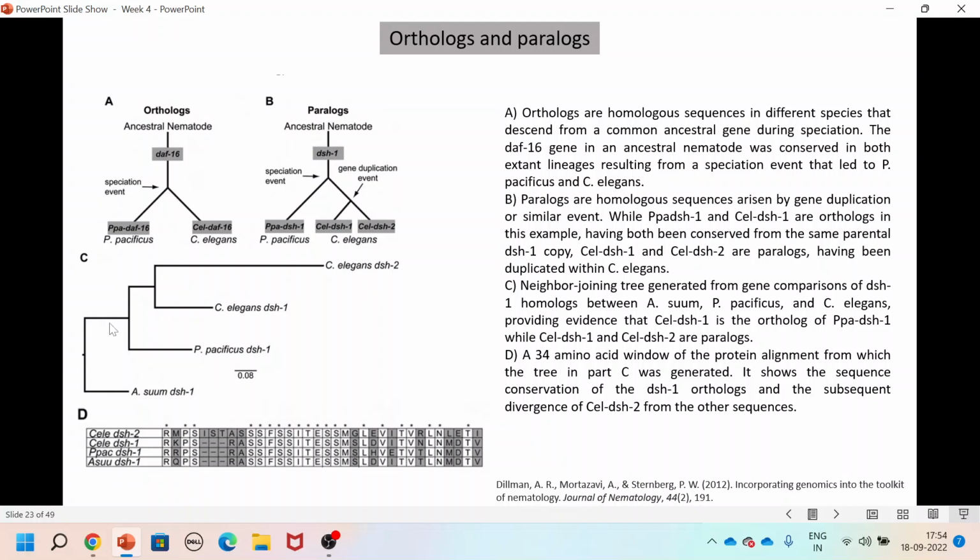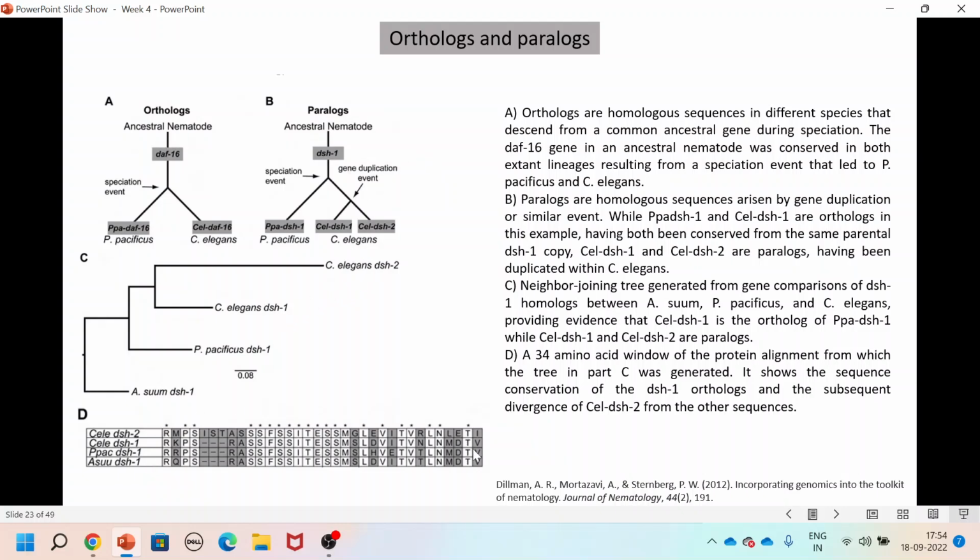This is a phylogenetic tree representing the different genes. Now, this C. elegans DSH1 is more closely related to C. elegans DSH2, which has originated in the same organism as a part of a gene duplication event.